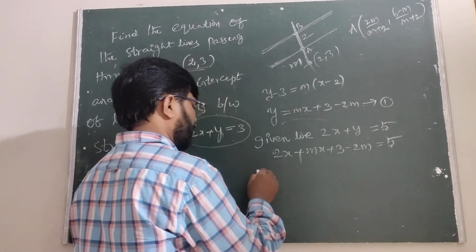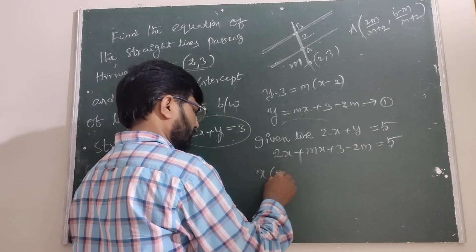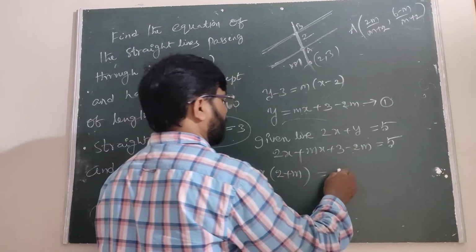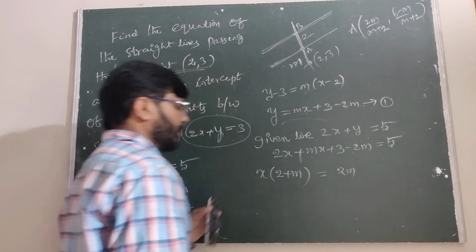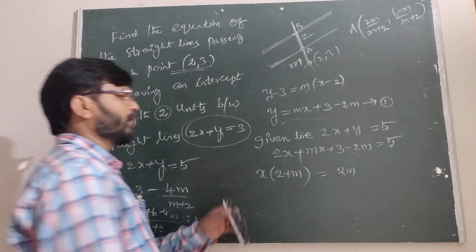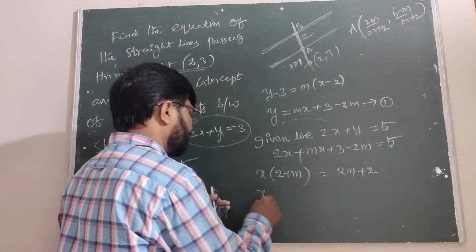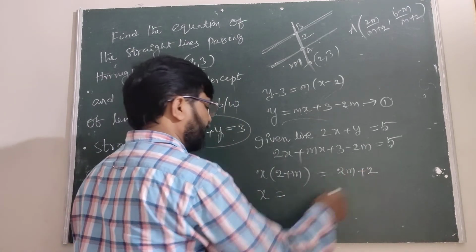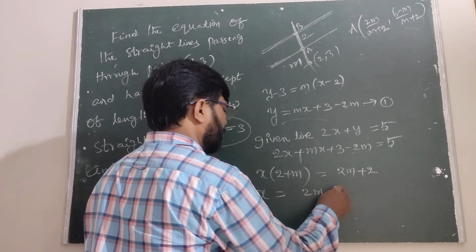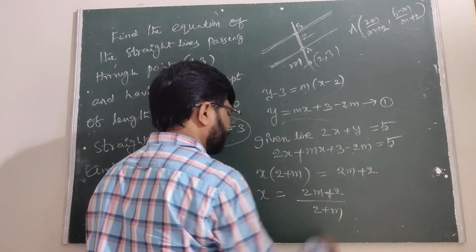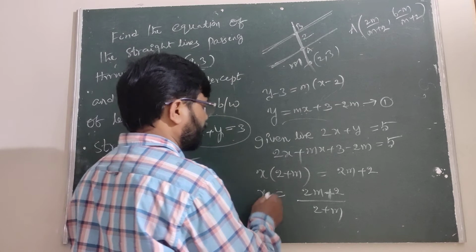Now the common term is x, the remaining is 2 plus m. Now this 2m is sent to the other side. Is it clear? 5 minus 3 is also 2. Now x will be, when we take 2 as common, 2m plus 2 upon 2 plus m.